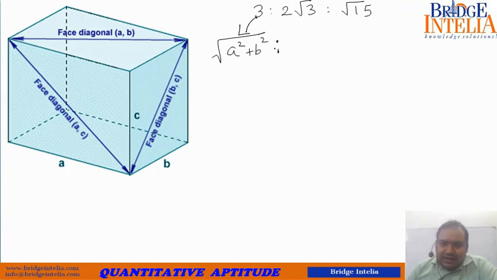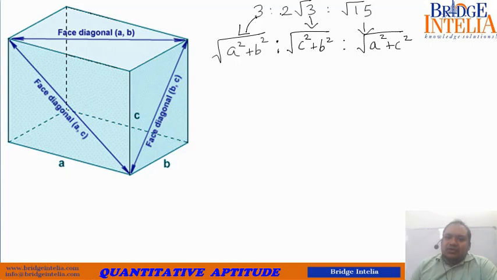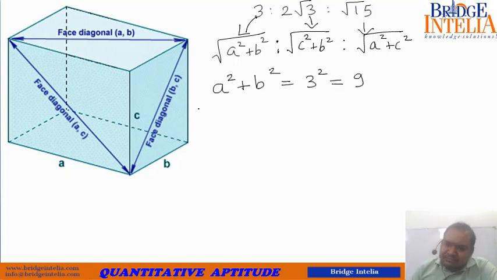Similarly, under root c square plus b square, the diagonal for the other face, let this be represented by this, and the third side be a square plus c square. So if you square this, then I can assume a square plus b square to be equal to 3 square. That means this is equal to 9.